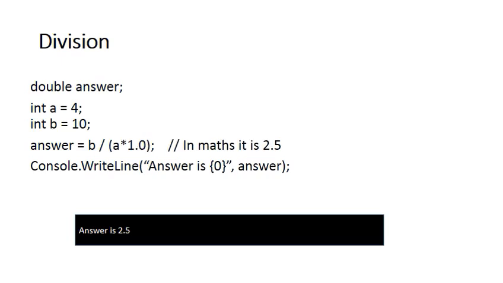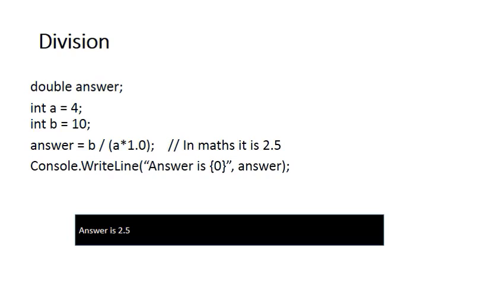This is the trick that you would have to do if you're dividing two integers and you want the answer to be a double or contain a decimal value. So instead of saying B divided by A, notice what we've done there. We first multiply A with 1.0. Because I'm multiplying an integer with a double, A times 1.0 now becomes a double value.